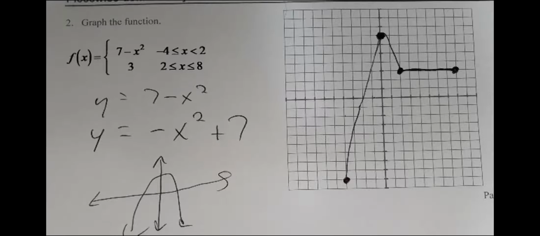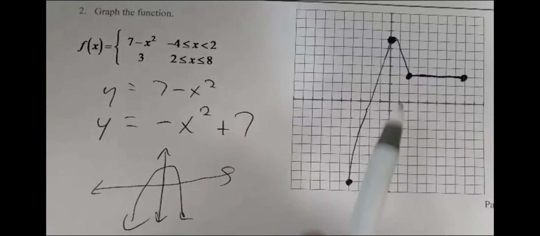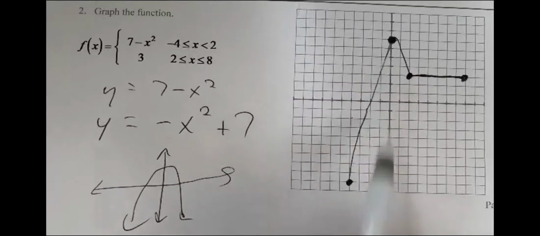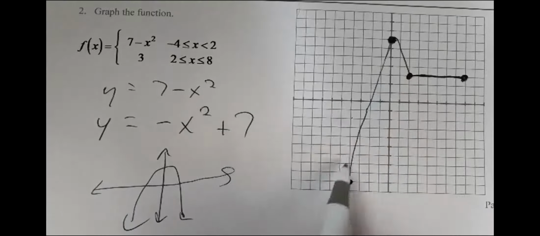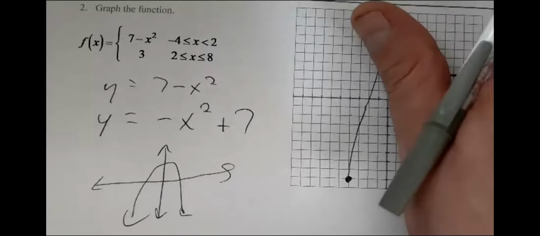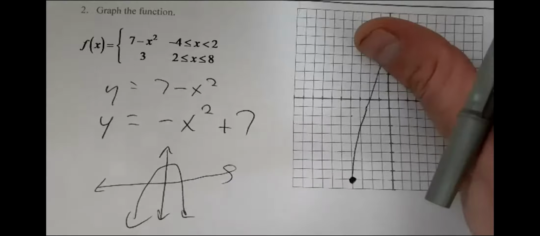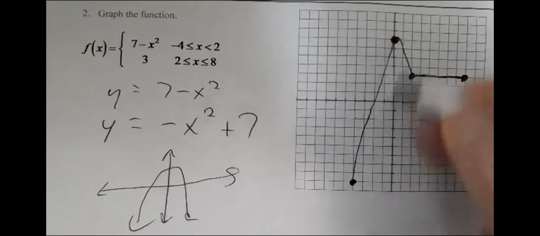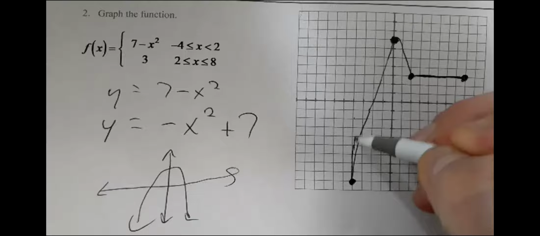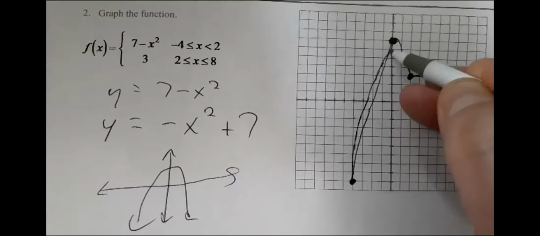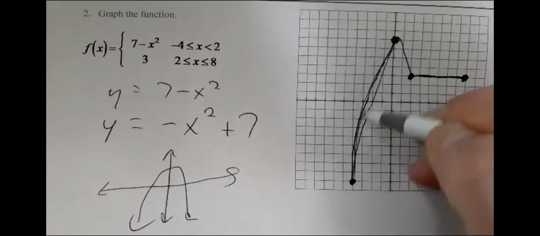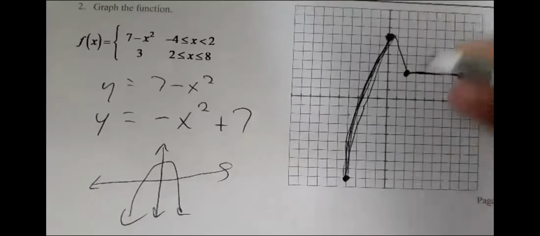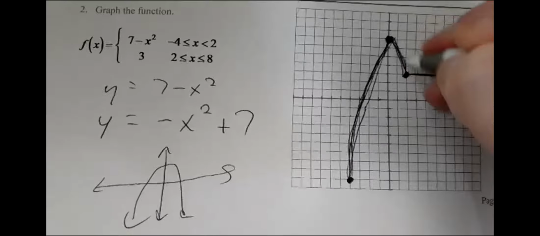Okay, so to be honest, I forgot they give you the vertex in this one. Sometimes they will just give you a piece of this parabola, right? And so we still have to be able to draw it curvy. It can't just be like a straight line between these things. It has to have a little bit of curve to it. It's probably not drawn very well. A bit of a curve of this, a bit of a curve of this.